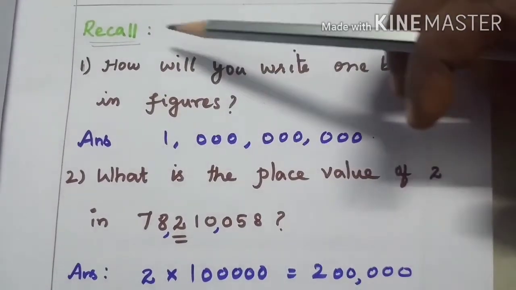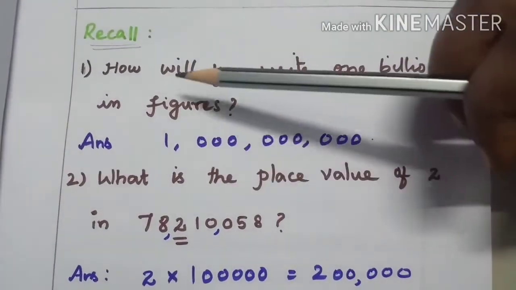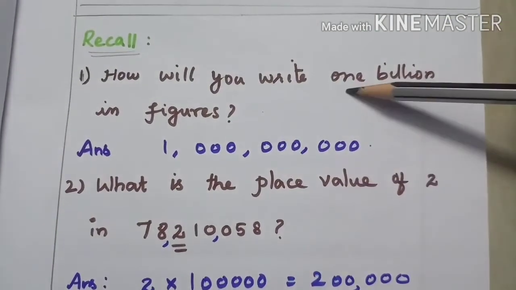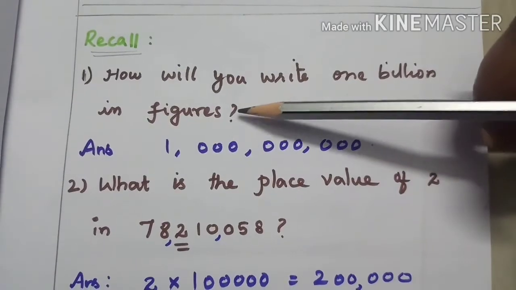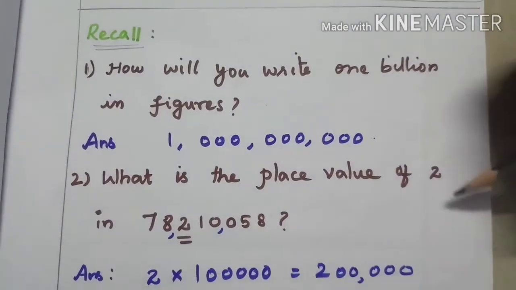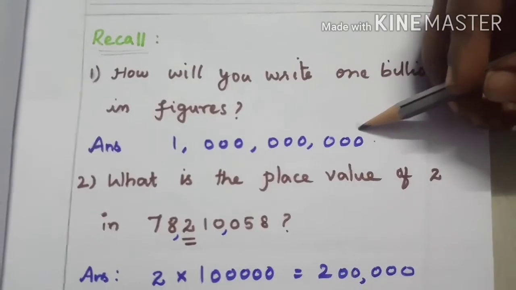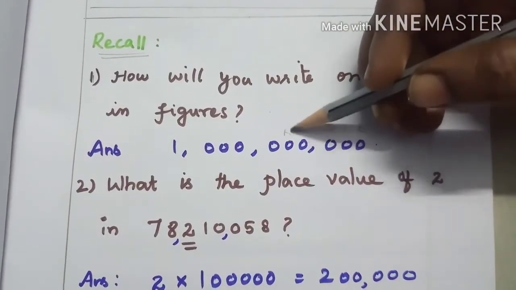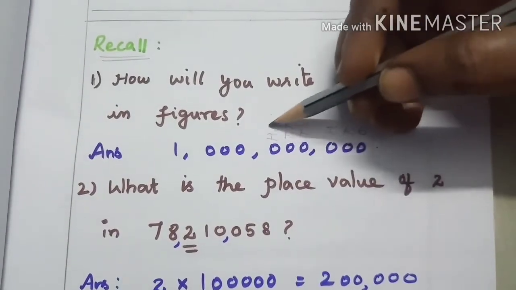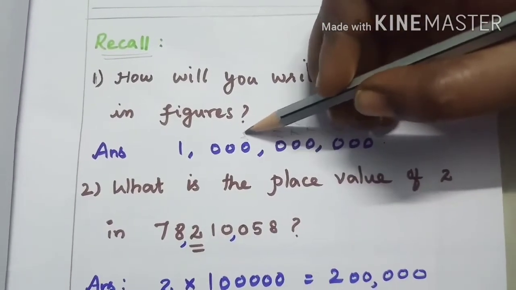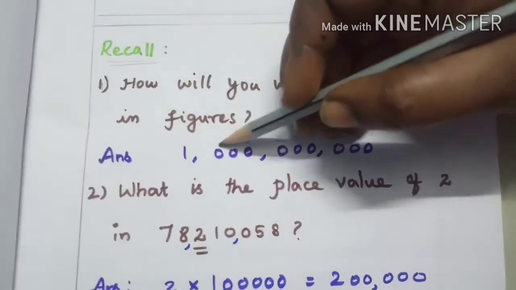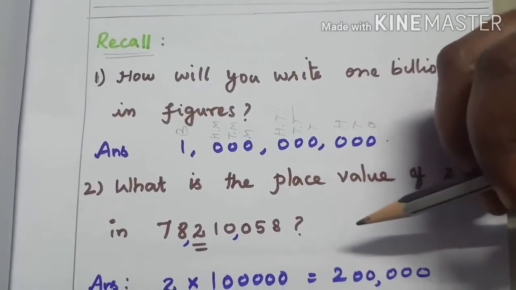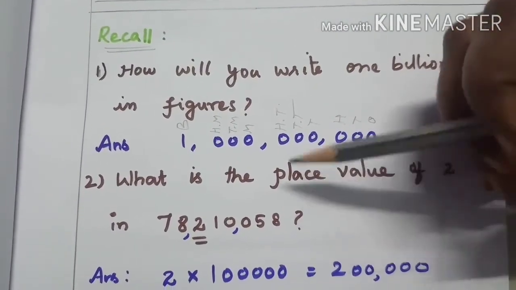Now we are going to recall all the things we learned. How will you write 1 billion in figures? So you put the ones, tens, hundreds, thousand, 10,000, 100,000 and million, 10 million, 100 million and billion, so that we won't make mistakes.